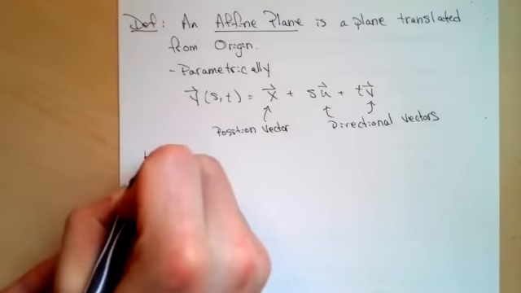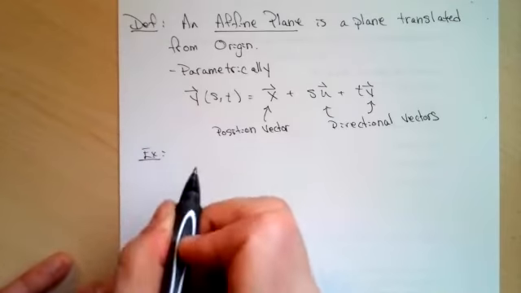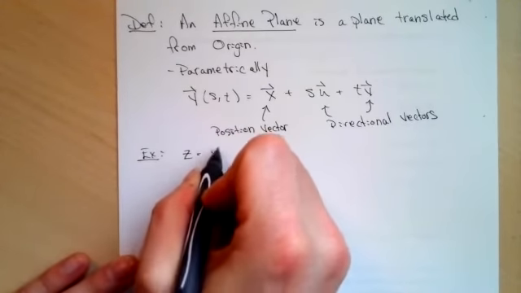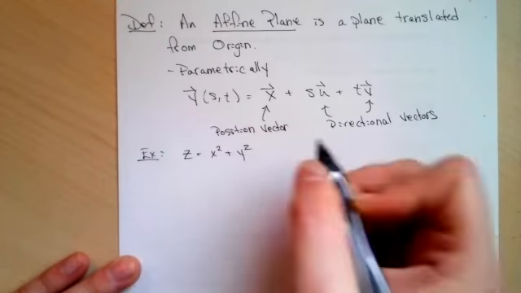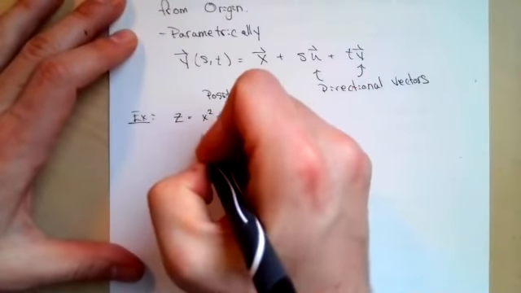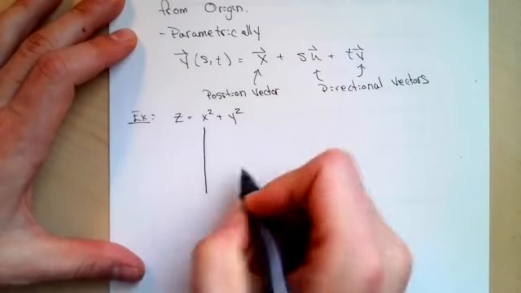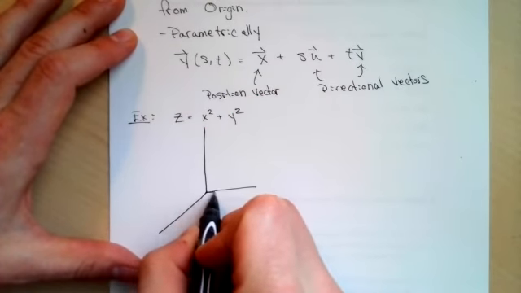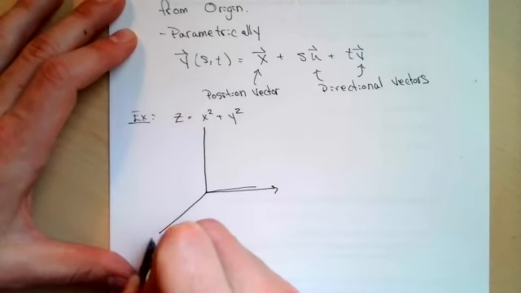So example. From Calc 3, you guys should have seen equations like z is equal to x squared plus y squared. If you haven't had Calc 3, don't worry too much about it. I don't want to go into the specific details, but maybe we can just draw geometrically what's going on. This is what's known as, I think it's called a paraboloid.